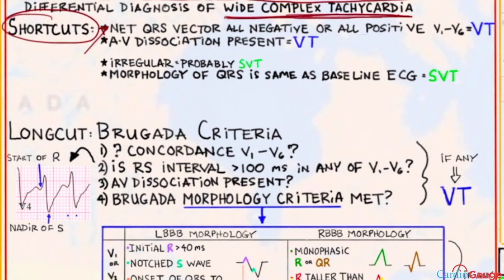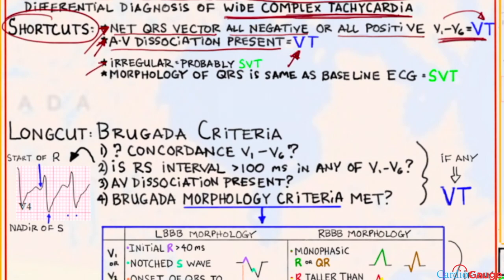The first is if the net QRS vector is all negative or all positive in V1 through V6, in all of these leads, then you've got VT. That's called concordance. Then you look for AV dissociation, like we just talked about. If you see that the atria and the ventricles are dissociated, that implies you've got VT.